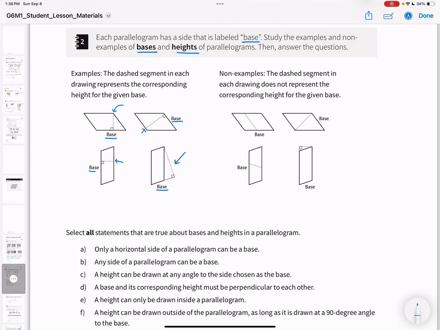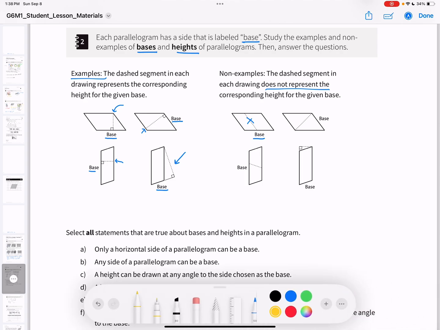Non-example: the dashed segment in each drawing does not represent the corresponding height for the given base. So here's the base. This, this is not a height for that base. If we go back over to the example section, you will notice that each one of these dashed lines runs into the base with this square right here.